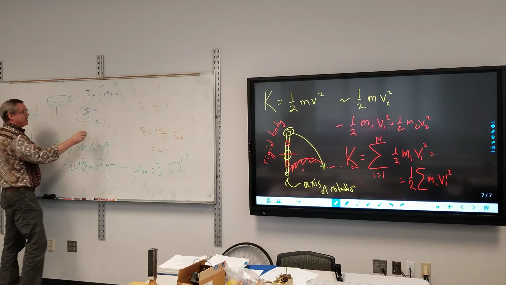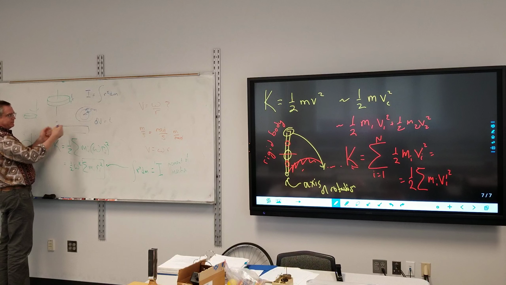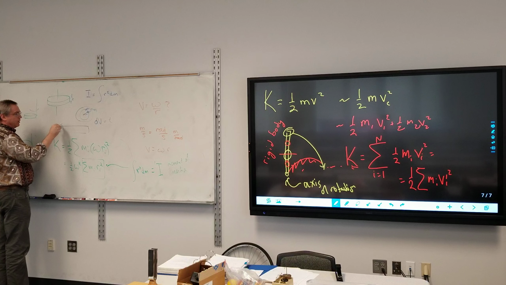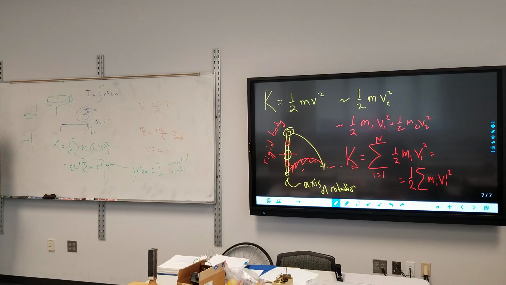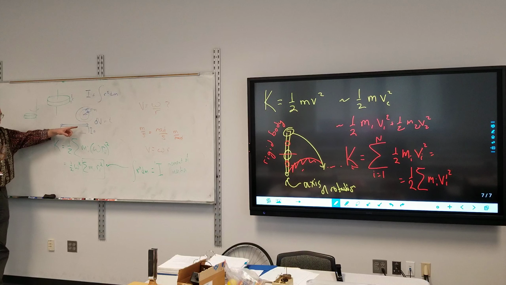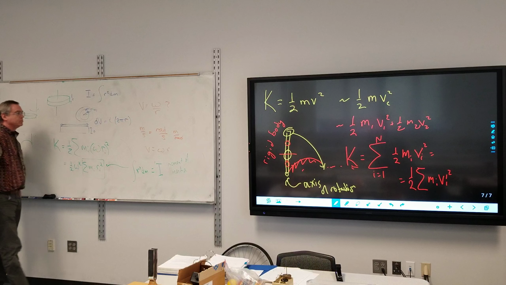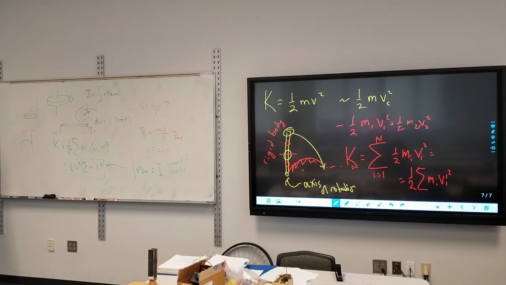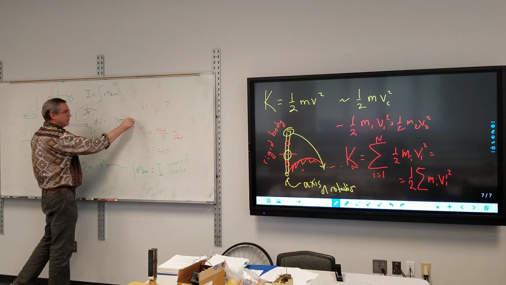The thickness is t, so I'm taking that and unrolling it. This distance is the thickness t. This distance right here is the circumference, so 2 pi r. And then the thickness this way, dr.